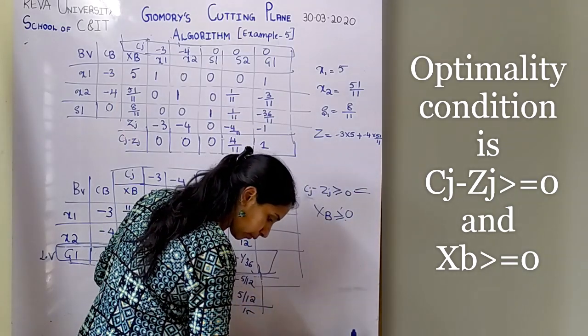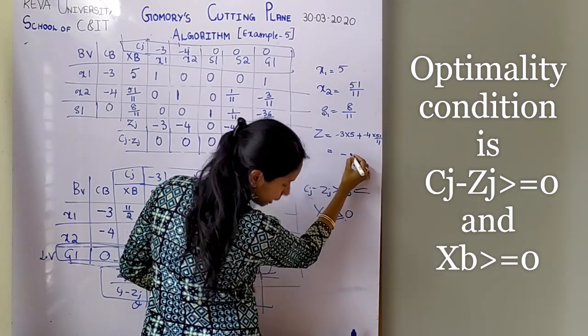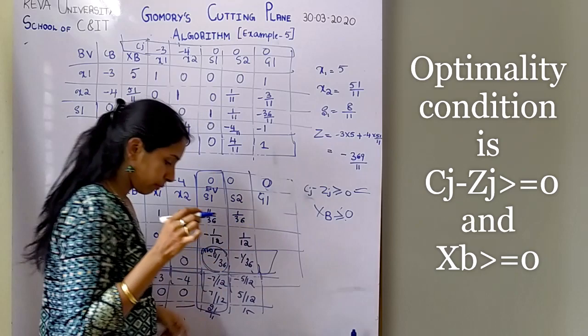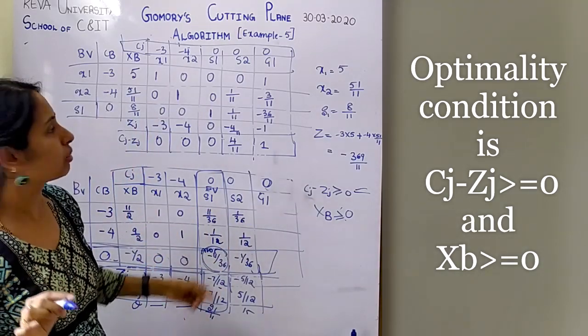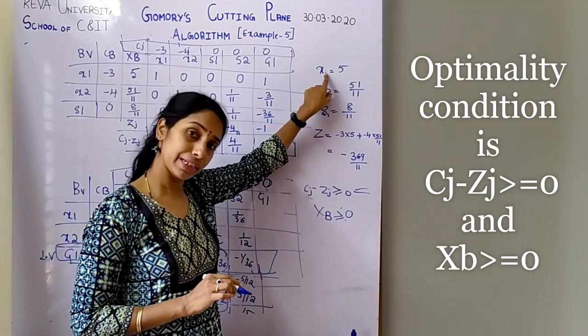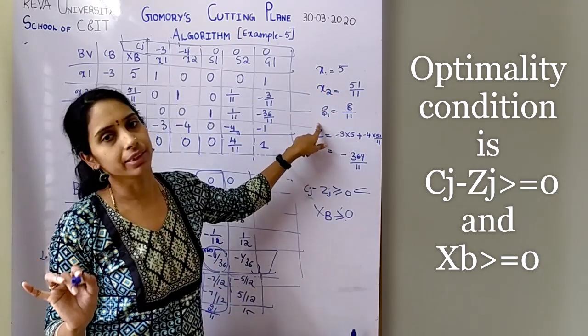So you will get here -369 by 11. Now whether we can stop here? No, we cannot stop because x1 is integer but x2, s1 are not integers.